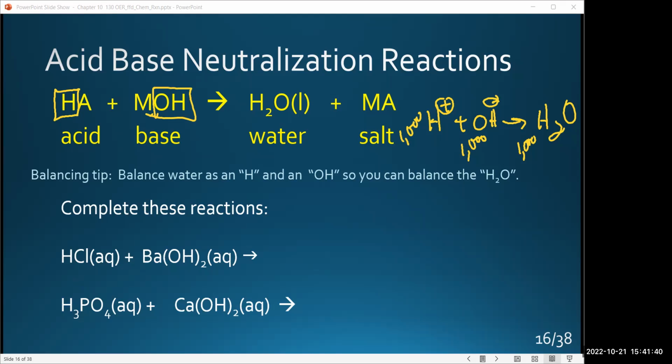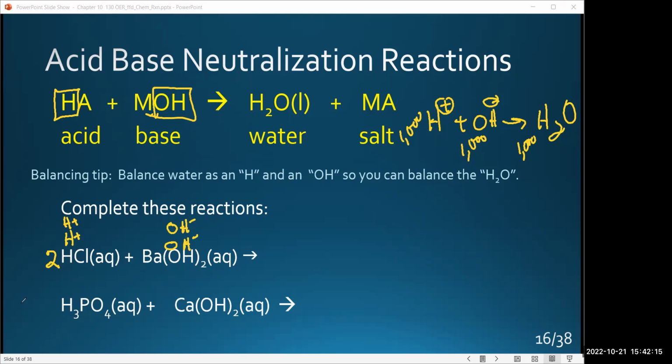So the first one here is hydrochloric acid, HCl, reacting with barium hydroxide. When barium hydroxide goes in solution, it is creating two hydroxides. Well, hydrochloric acid only has one proton, but I need two protons. So I need to put a 2 in front of HCl.